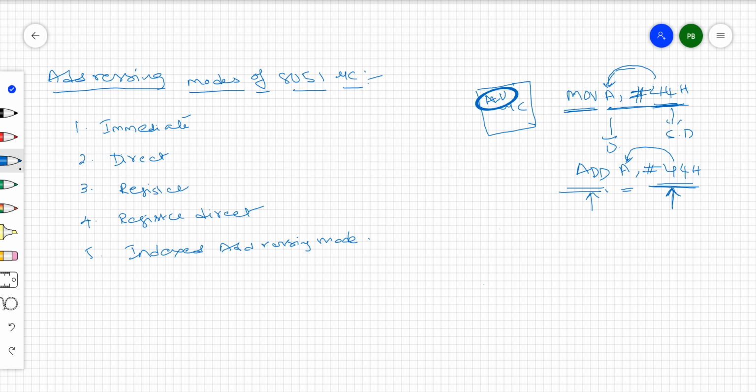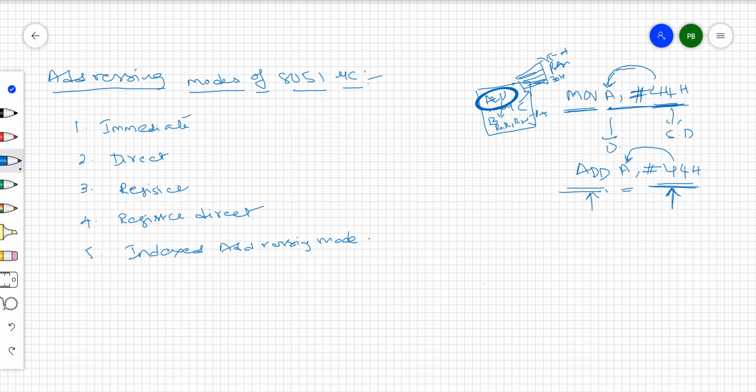Or while doing this arithmetic logical operation, it has to look inside any one location of the general purpose registers, that is R0, R1, R2 up to R7, or it has to look into register B, or into any location of the RAM, from 30H to 7FH.